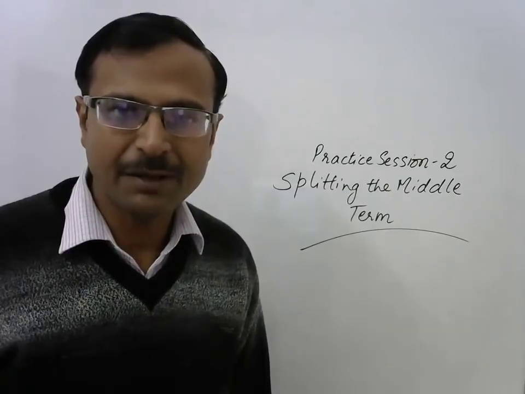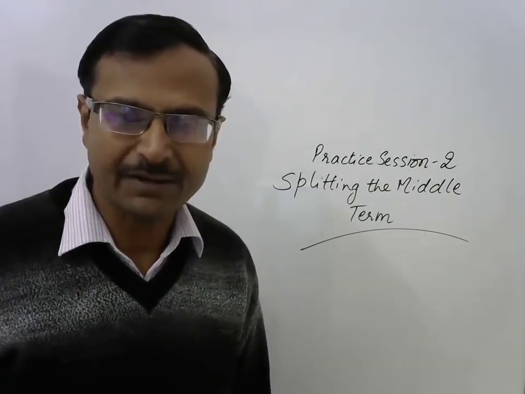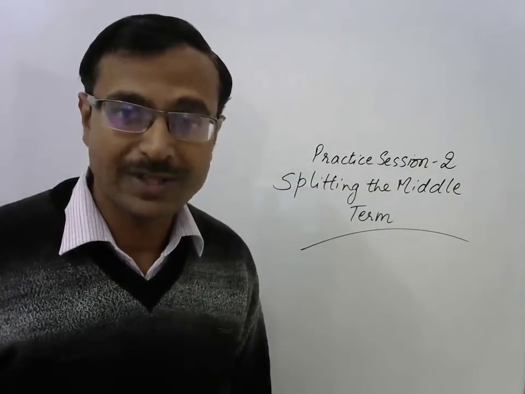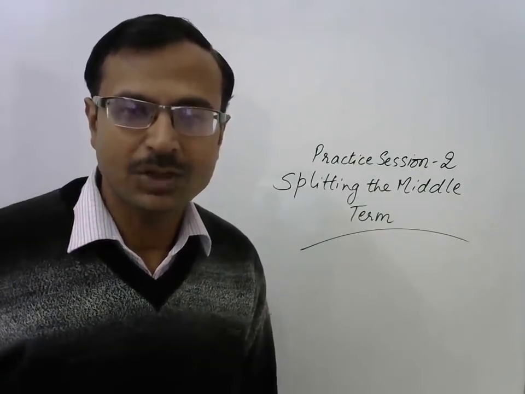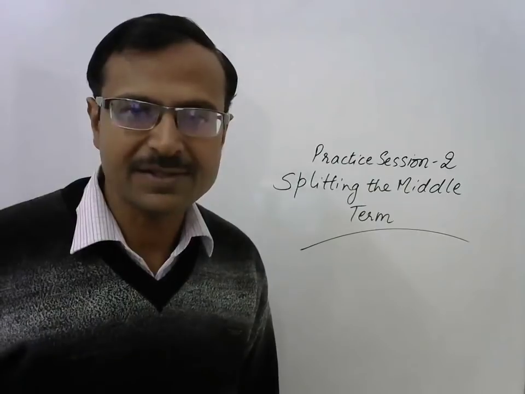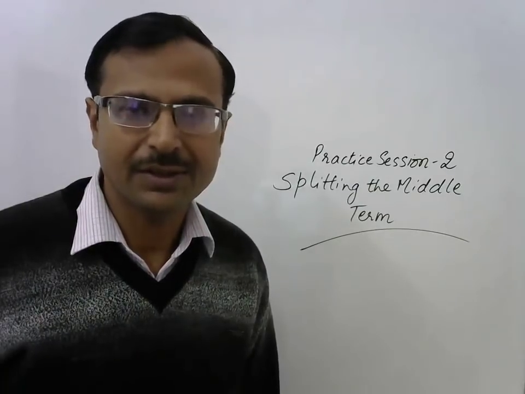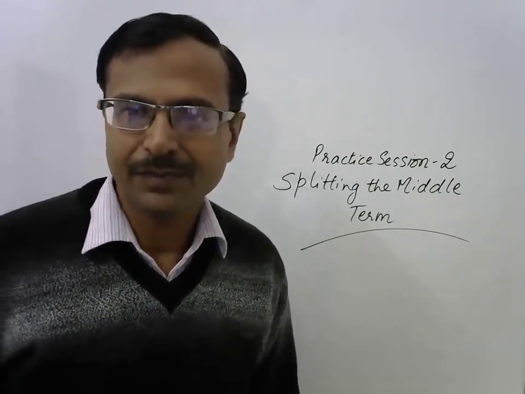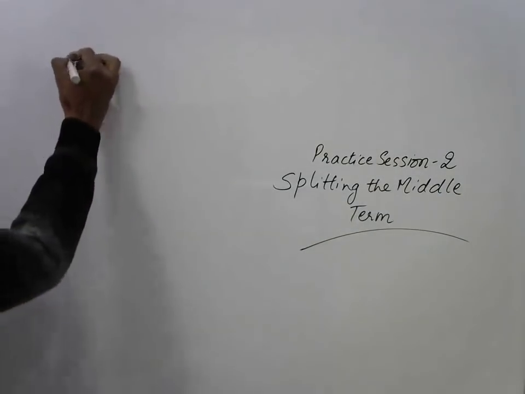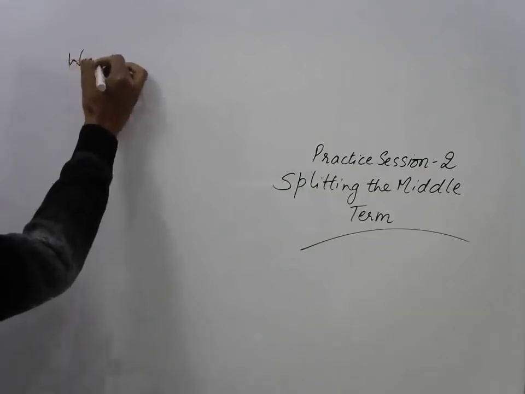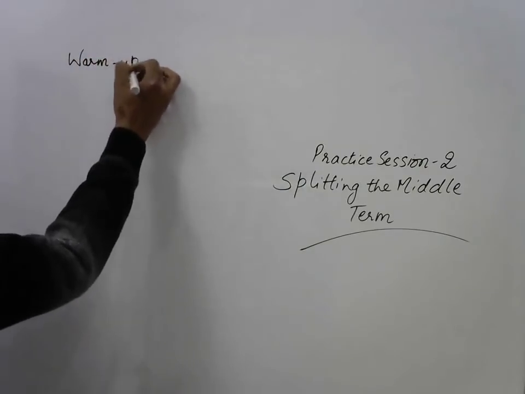You need to tell me the middle term split factors, along with the sign, obviously, the negative or the positive sign. And after that, you need to tell me the factors into which the polynomial will be solved. Okay, now this is the warm-up question for today. In the meanwhile, I'll wait for my friends to join in.